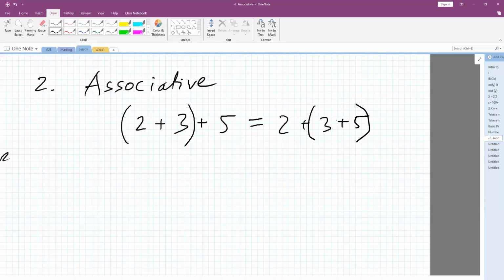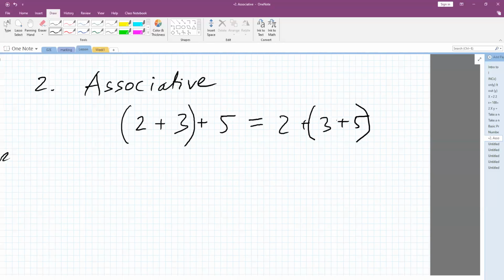For example, you have 3 terms here, and you can do the first 2 terms, or you can do the last 2 terms, and they give you the same thing. But be careful, because what we do here is only for the same type of calculation, for example addition and subtraction only.